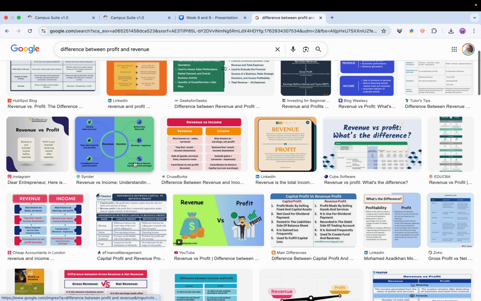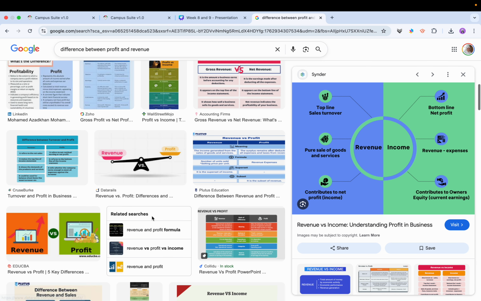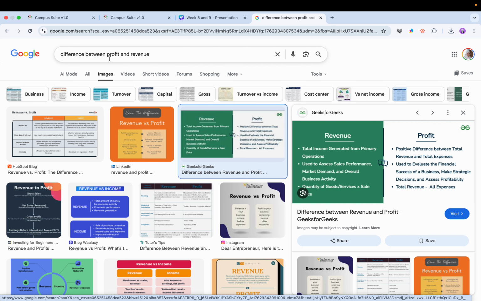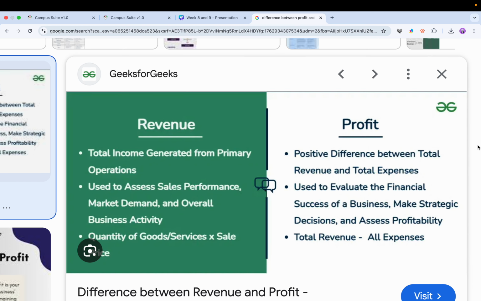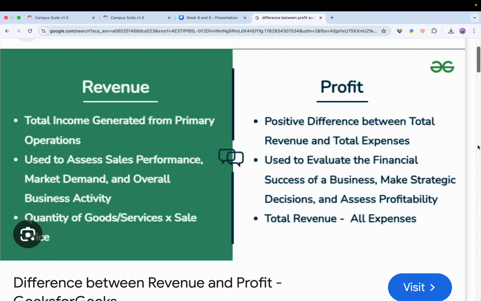Let me try to find you a good one. Okay, so what I want you to know is that revenue is practically everything the company takes in, but profit is only the amount that is left from pure money.